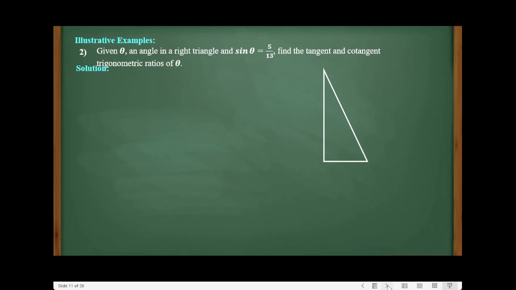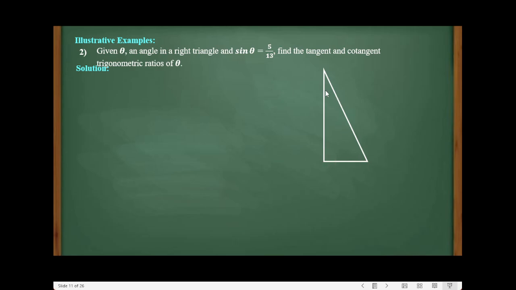And where shall we place theta? Now, what opening of the acute angle can we place this theta? Now, since this is 5 and this leg is the opposite of angle theta, it's not proper to place theta here because the angle becomes the adjacent of this side whose length is 5.